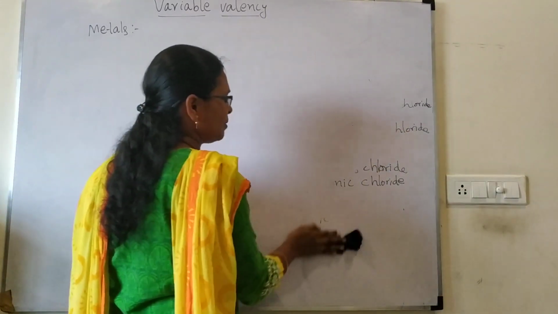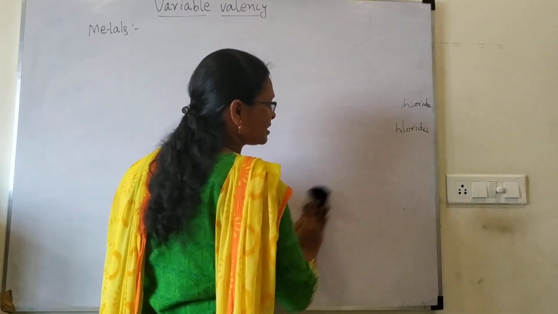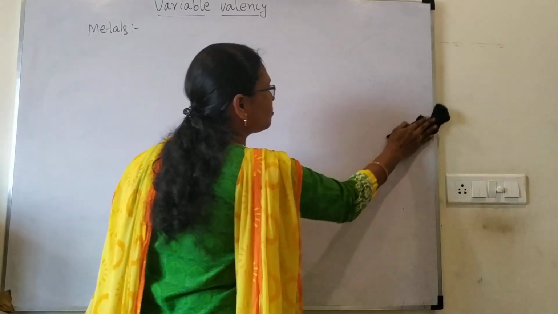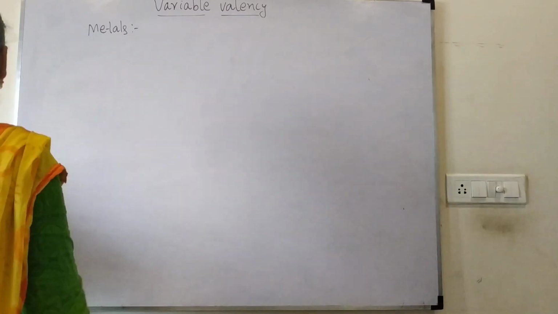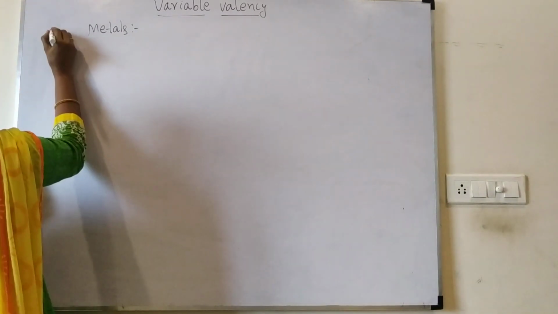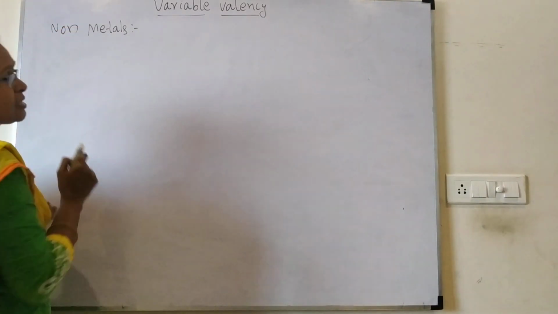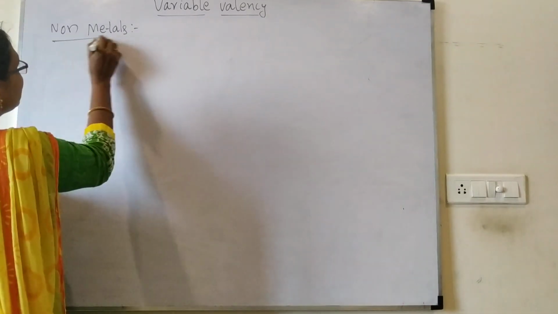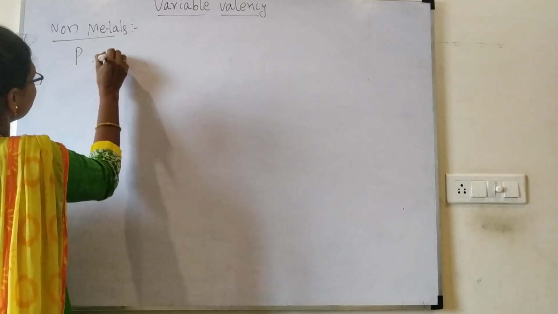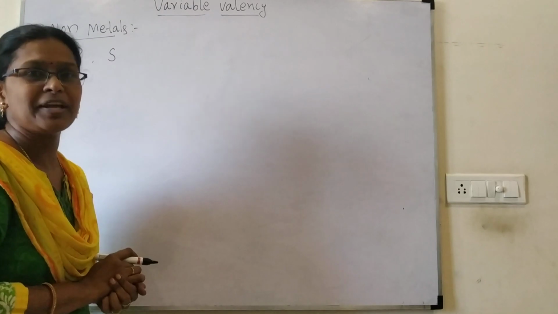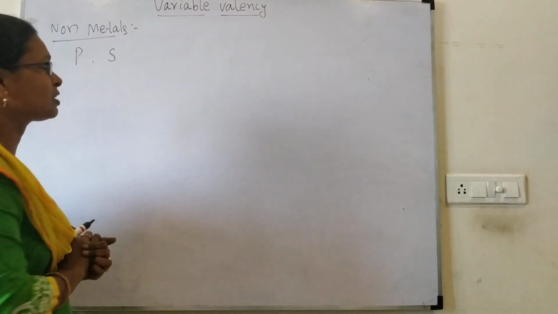So when you come to the non-metallic variable valencies, only two non-metals, the two solid non-metals phosphorus and sulfur, have variable valency. Phosphorus and sulfur only have variable valency. These two are the solid non-metals.